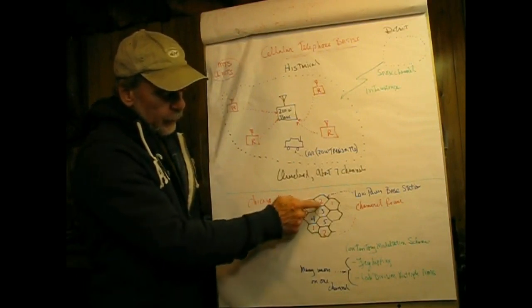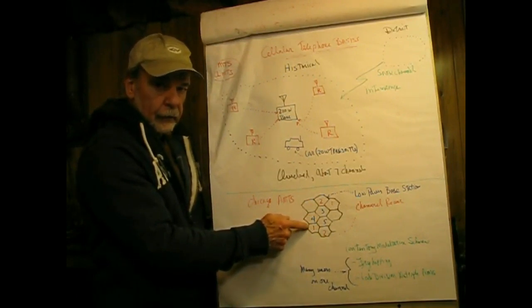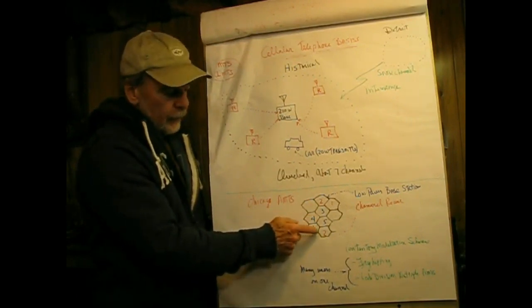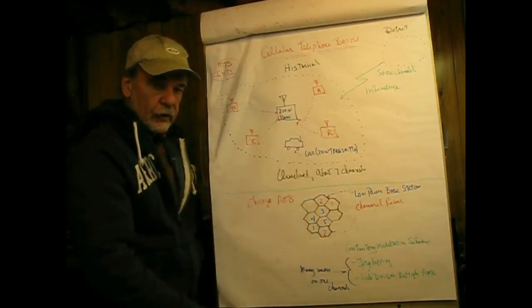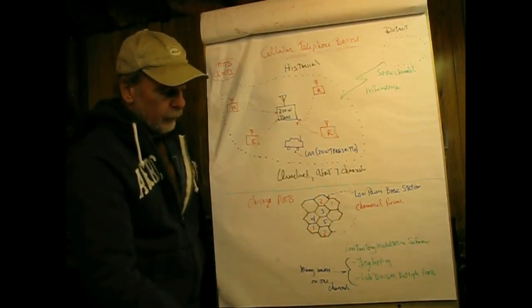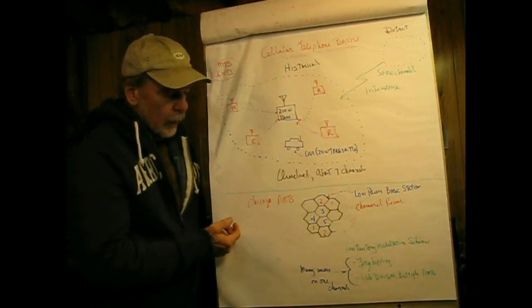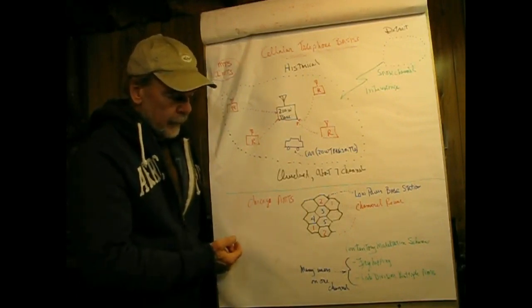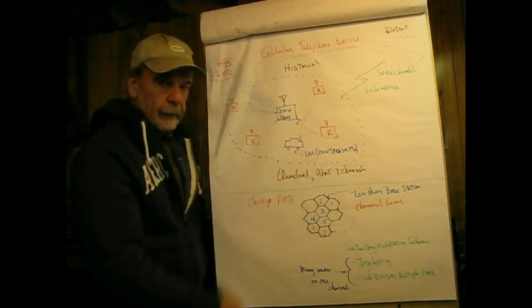So with channel reuse, say we can use the same frequency channel 1 here and here, and they won't interfere with each other because they're low power. Seeing that cell sites are relatively close together, you don't need a whopping 20-watt transmitter to hit the cell tower. So that's the whole purpose of it: frequency reuse based on reducing the power of the base transmitter and also of the portable unit.